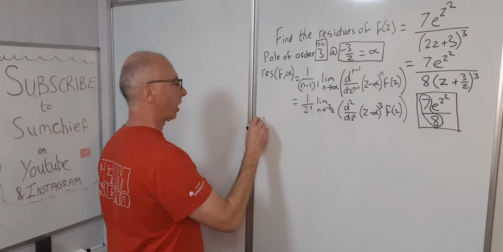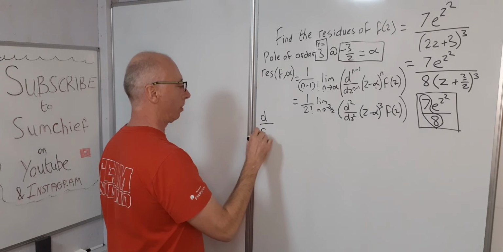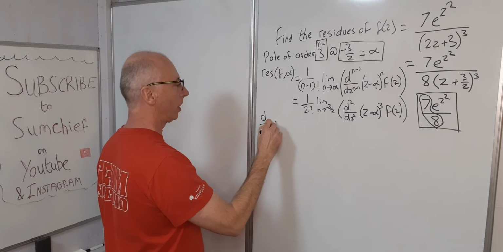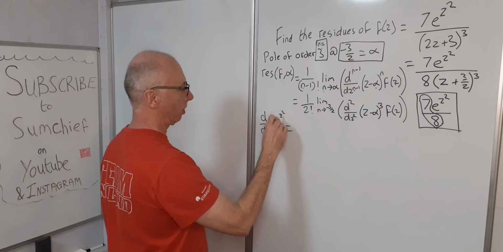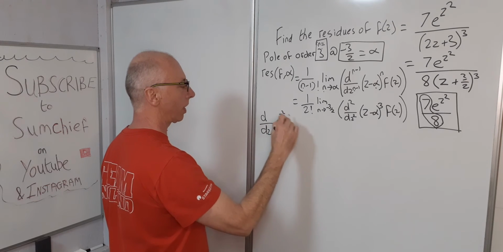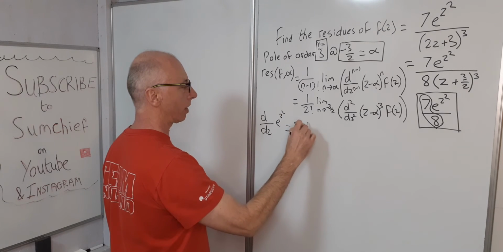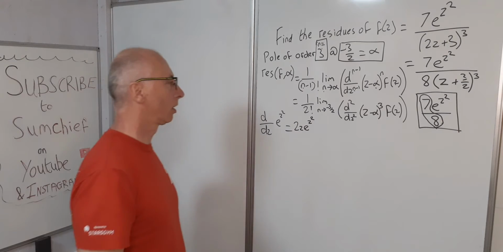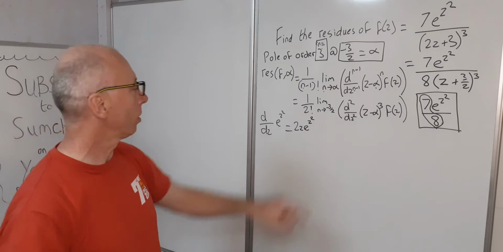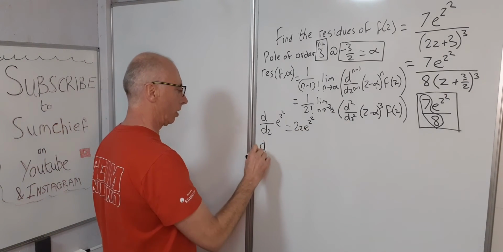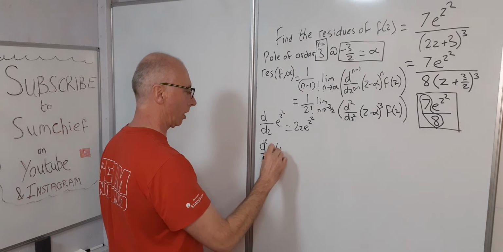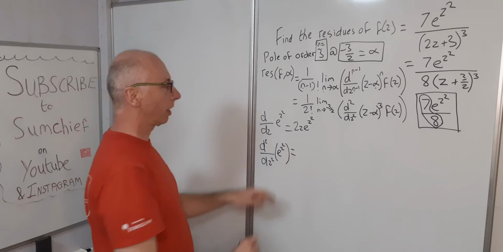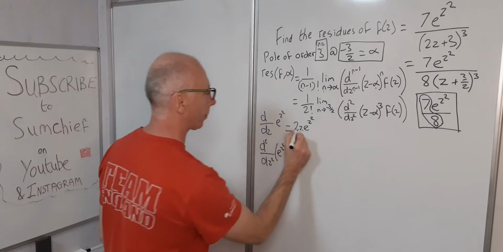So the derivative with respect to z of e to the z squared equals 2z, since the derivative of z squared is 2z, and then e to the z squared doesn't change. But notice we want the second derivative, d squared over dz squared of e to the z squared, which is basically the derivative of this one.